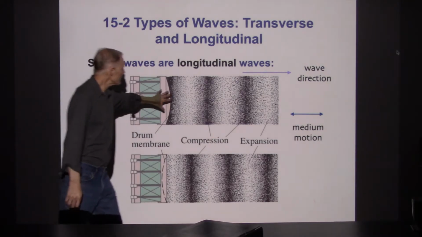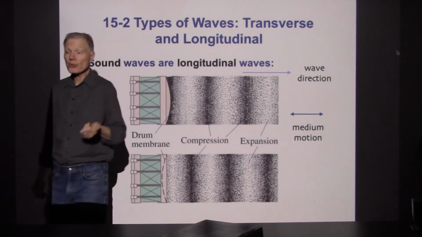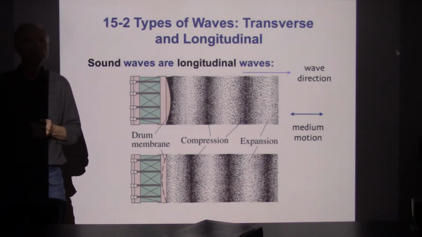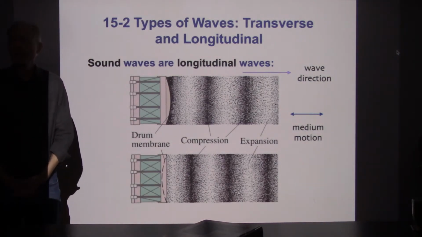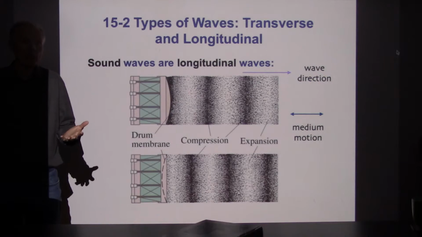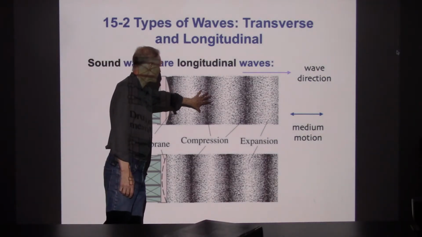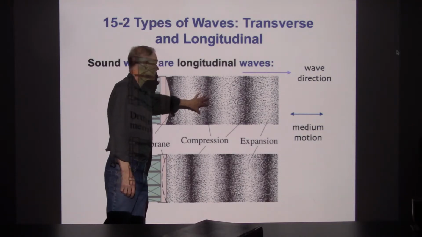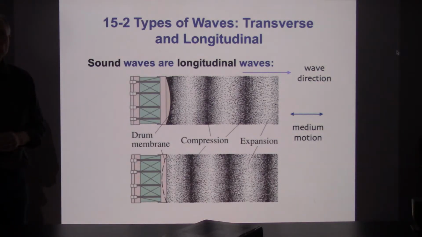Now, this is kind of exaggerated. They're trying to really emphasize these compression regions. It turns out that the amplitudes of oscillation with these waves and with sound, basically what we're talking about here is sound, the amplitudes that we create, or the pressure variations, are actually quite tiny. So you don't necessarily create really large variations in compression or in rarefaction.